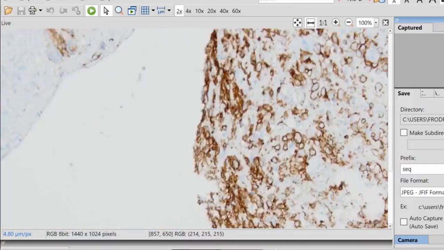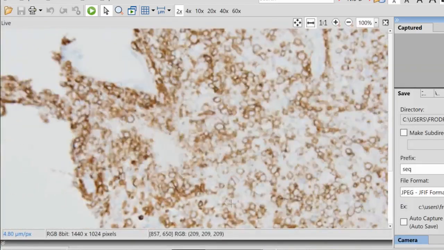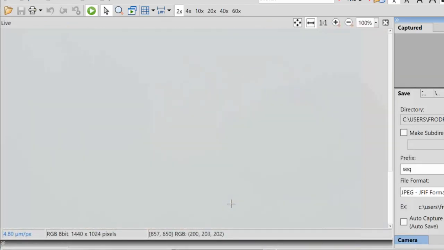So we have a diagnosis here. The diagnosis is involved by large B-cell lymphoma, which is going to be the most common lymphoma that you see involving the CNS primarily.